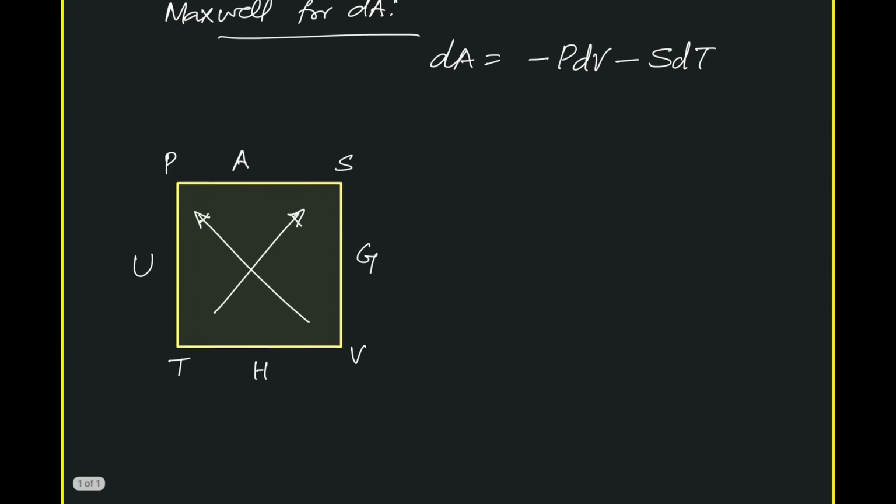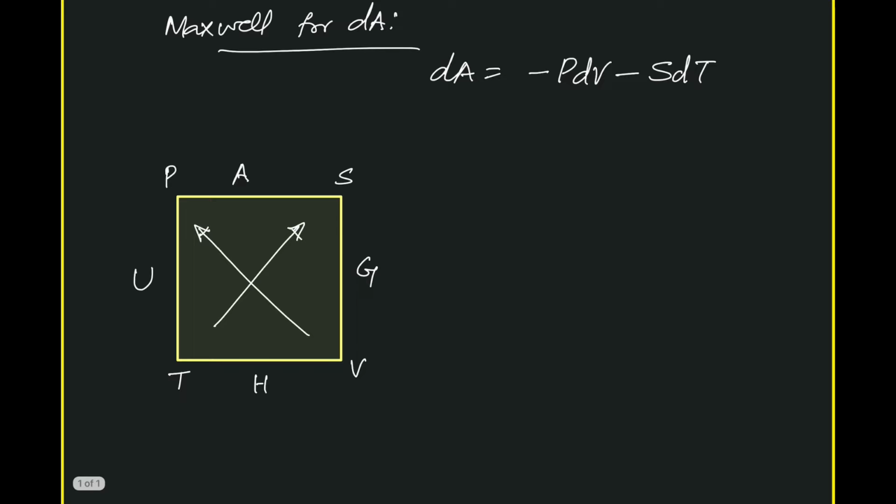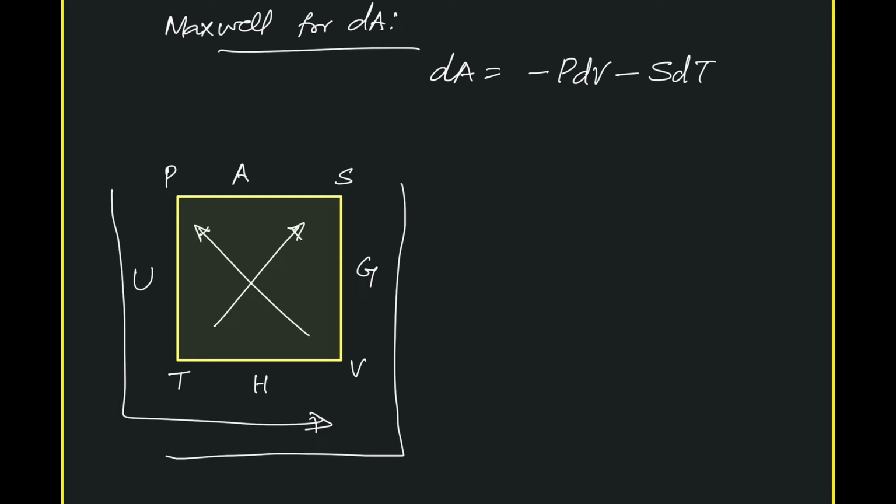Okay, and now we are going to obtain the Maxwell relations corresponding to dA. For that, we will add one more set of lines to this mnemonic diagram. Starting from this variable A, we are going to draw these lines, likewise the other vertical and horizontal line.